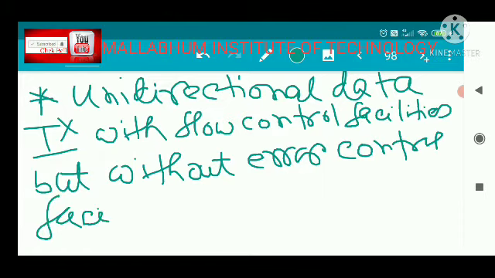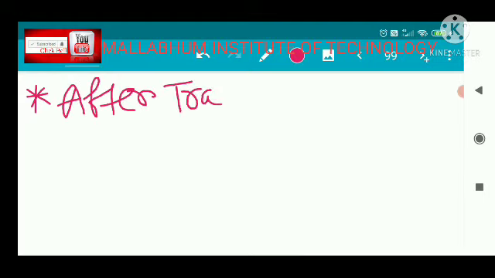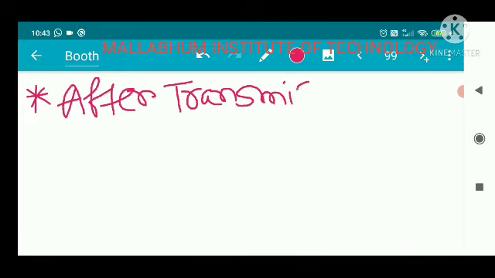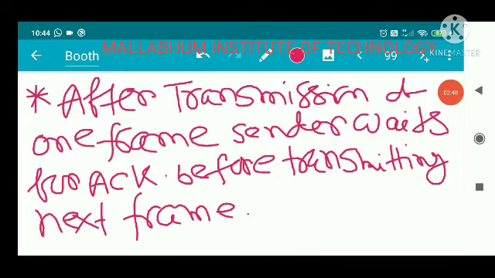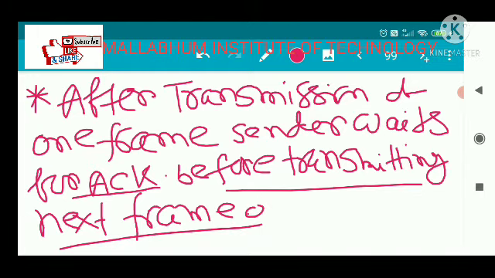Now the third characteristic: after transmission of one frame, the sender waits for the acknowledgement before transmitting the next frame. So this is all about some of the characteristics.